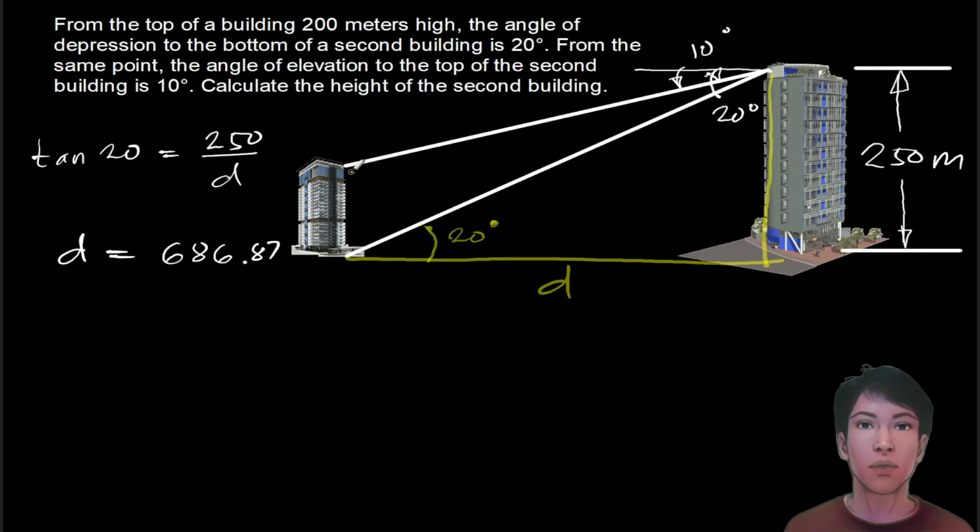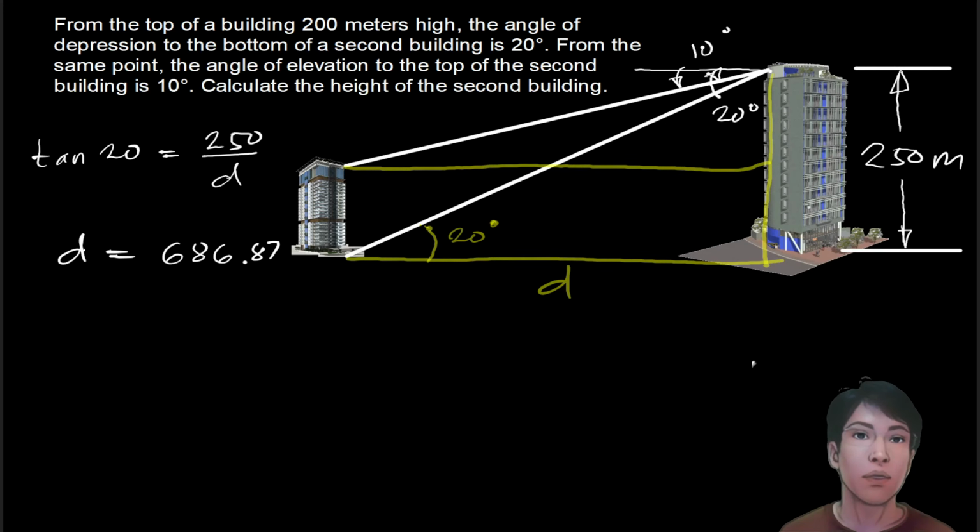The second triangle is this one. We will now consider this triangle, and we designate the distance from this point up to this point as x.